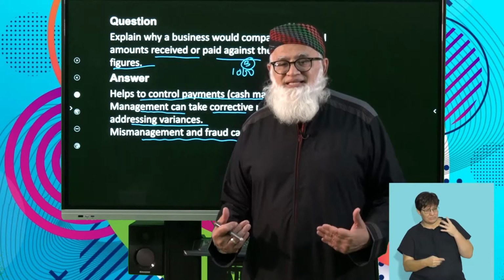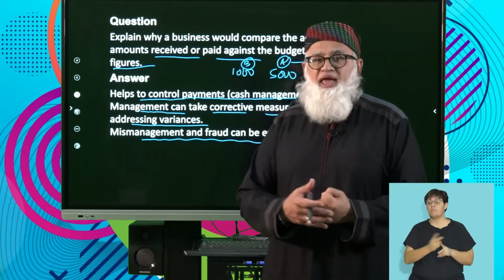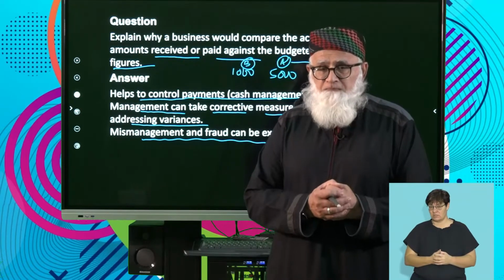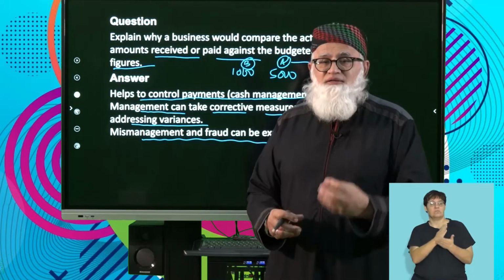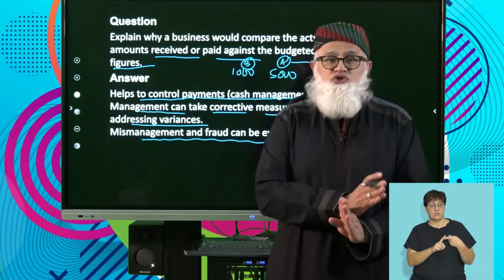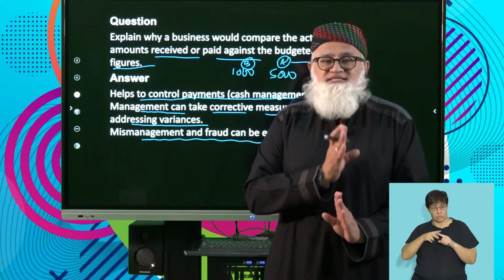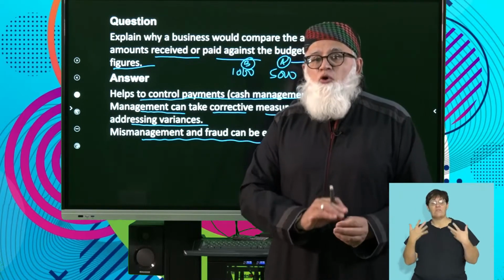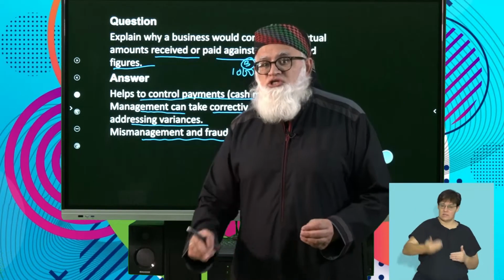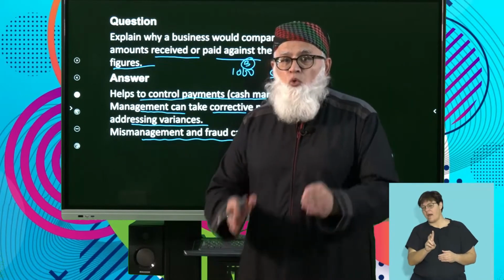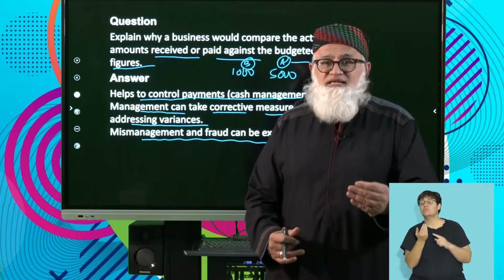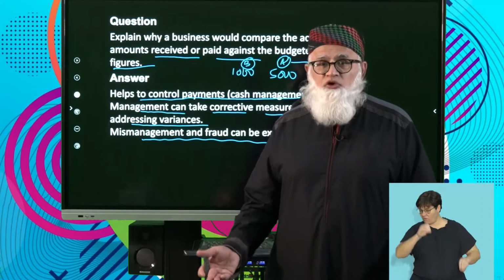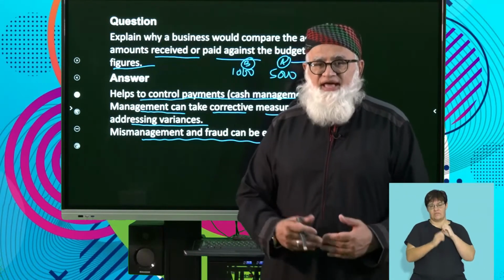All of that means that when you prepare your cash budget, it is done with this purpose to ensure that, one, it is a forecasting tool, and also it is something that once it is prepared, we refer to it on a continuous basis to see why there are variances, and if the variances indicate mismanagement and fraud, we need to take corrective action.